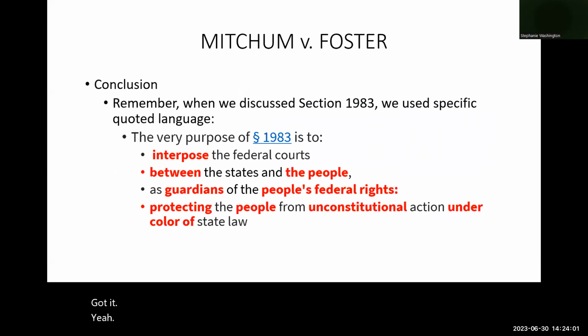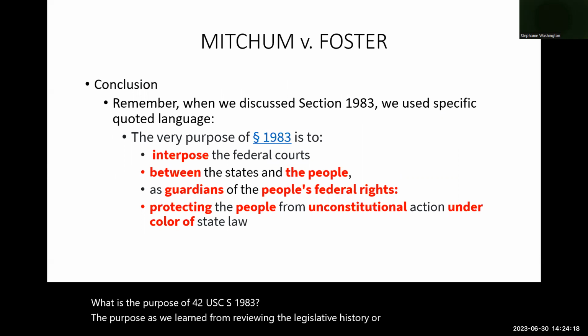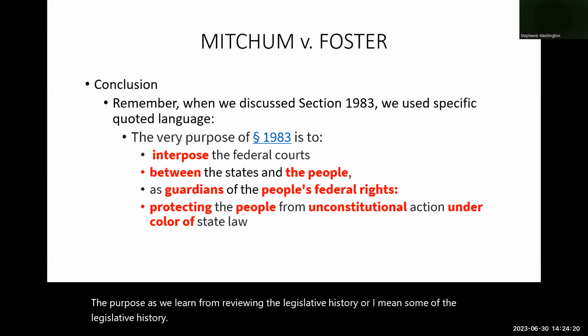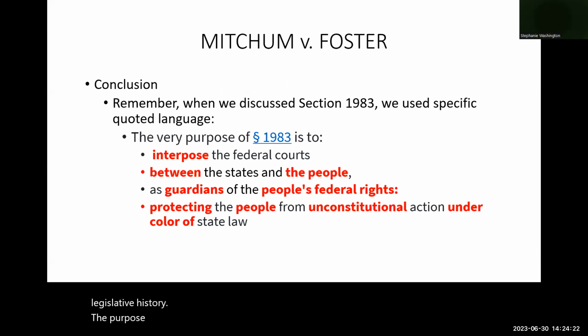Boom. Conclusion. As we discussed when we talked about 1983, what is the purpose of 42 U.S.C. § 1983? The purpose, as we learned from reviewing some of the legislative history, was to interpose federal courts between state courts and the people.